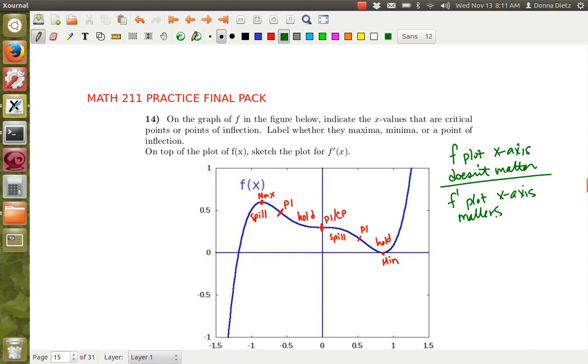And also f double prime, etc. All the other derivatives. The axis matters a lot in those cases. But for the original function, you can lift that function or let it sink, and it's not making any difference to the derivative. Wherever the maxes are in f, they are going to become zeros in the f prime plot, and any mins are going to become zeros.